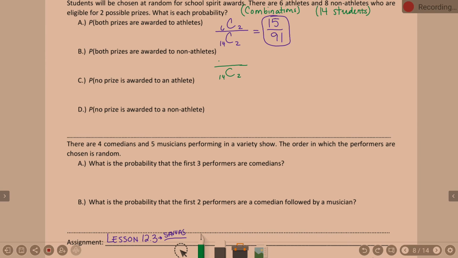That is 8. So 8C2. I'll do the denominator for you guys. It's 91. You guys can have the numerator. 28. And it doesn't look like it, but if I recall, 28 over 91 does actually reduce. Okay. Yeah, they both divide by 7.